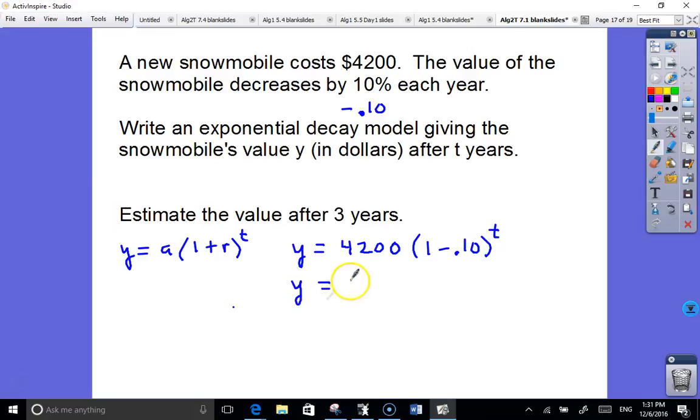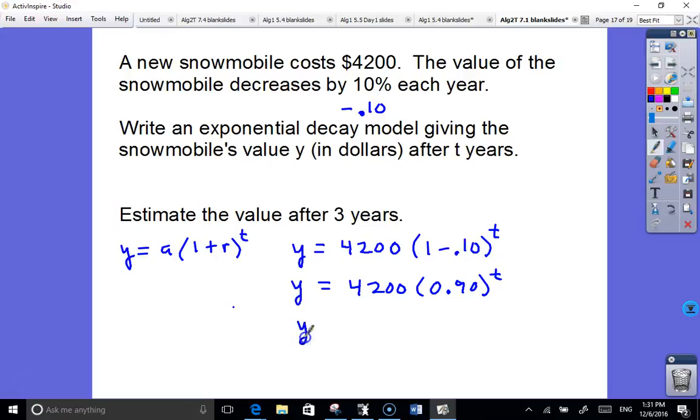Y equals 4,200 times 0.9 to the t. So every time you add one more year, you're going to multiply by one more factor of 0.9. It'll reduce by multiplying by 90%, you're getting smaller and smaller and smaller. So there's the equation. And estimate the value in 3 years.